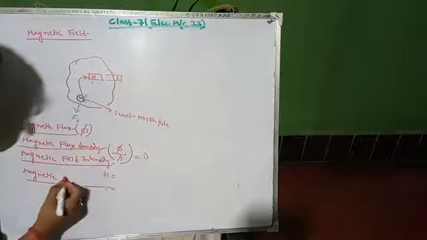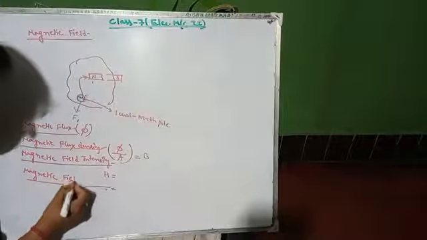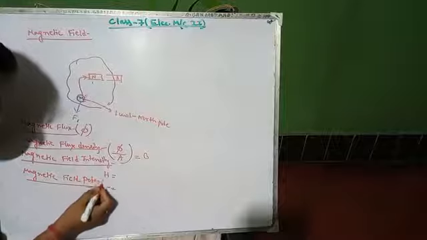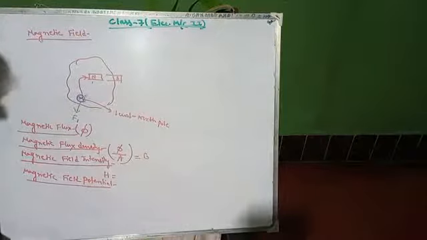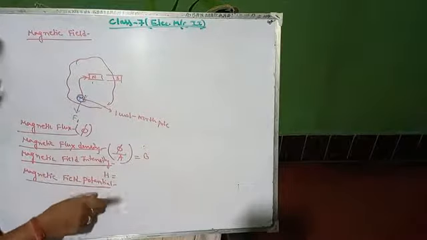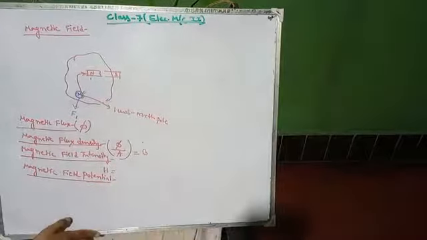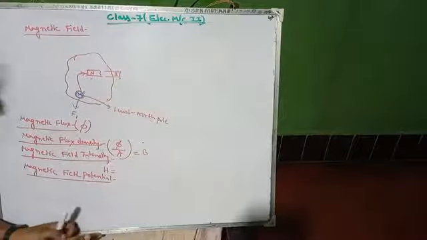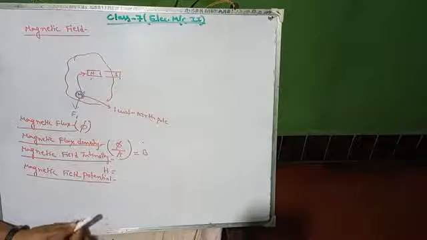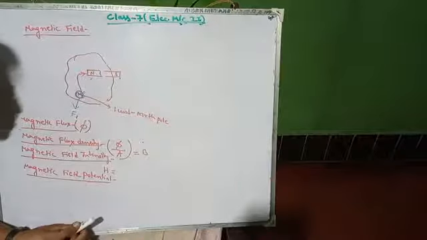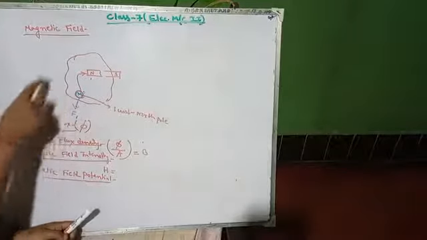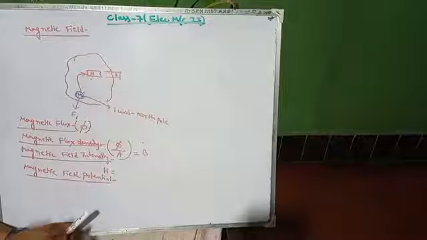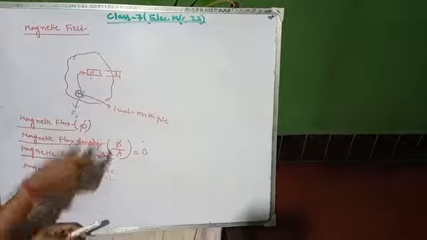So now we are moving into magnetic field potential. What is magnetic field potential? The amount of work done needed to bring a unit north pole from infinity to a particular point inside the magnetic field is called the magnetic field potential at that point.